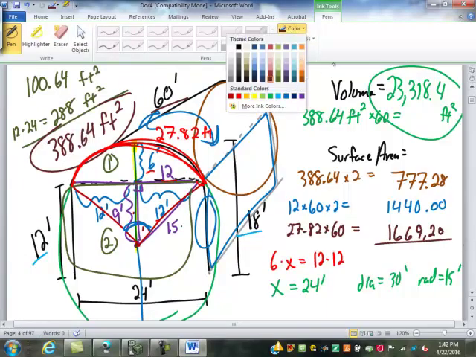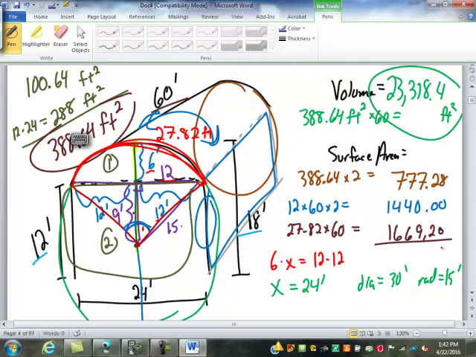So that means that our total surface area, found by adding up all of these, is 3,886.48 square feet.